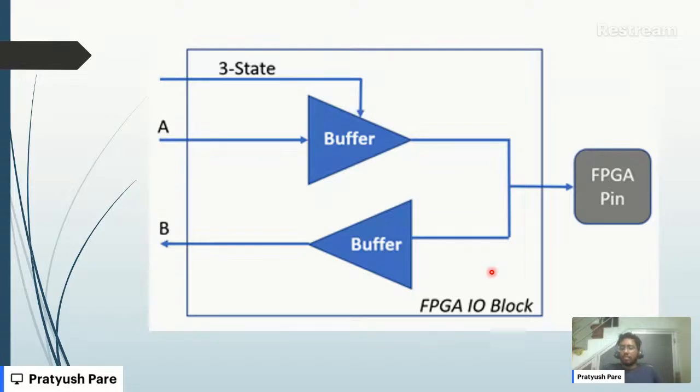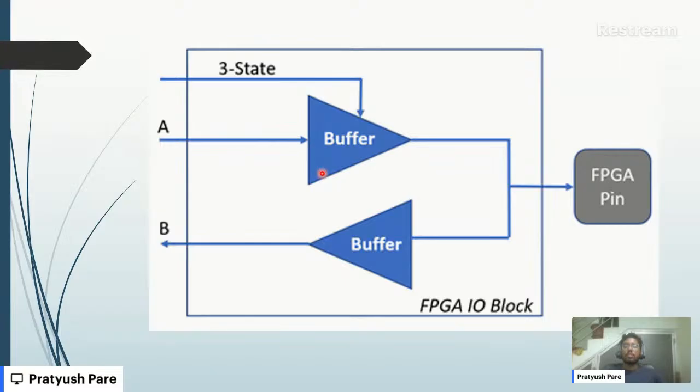So the last thing is IO blocks. Okay, so you have the logic and everything, but how will you take the input and the output? For these IO blocks, you have something called a tri-state buffer.